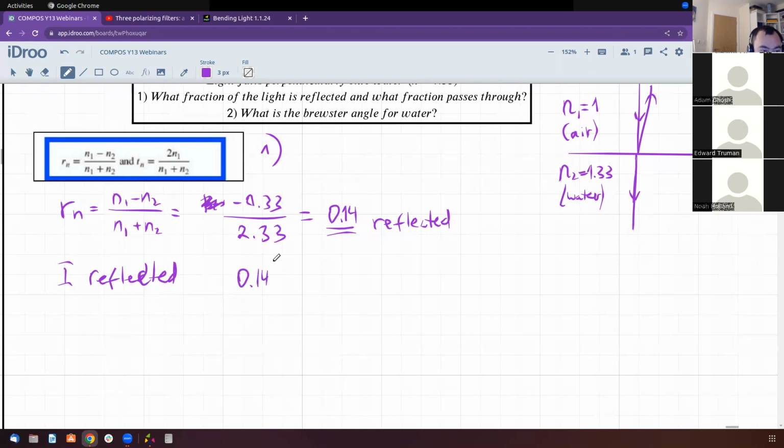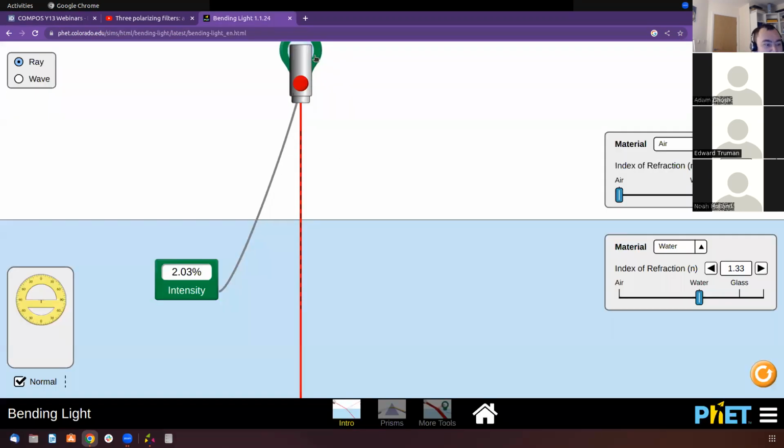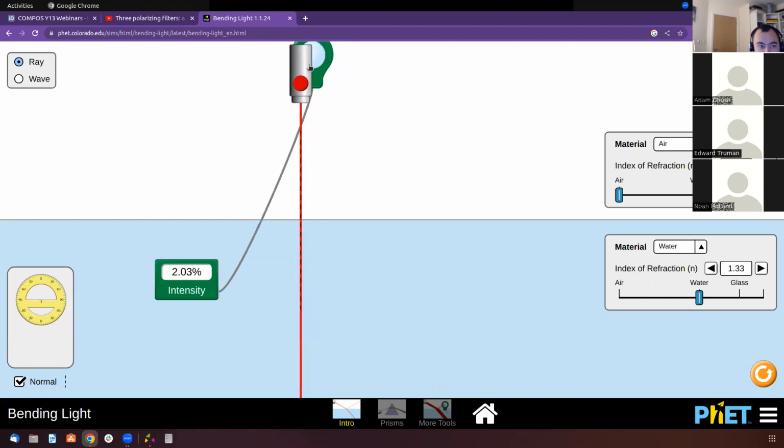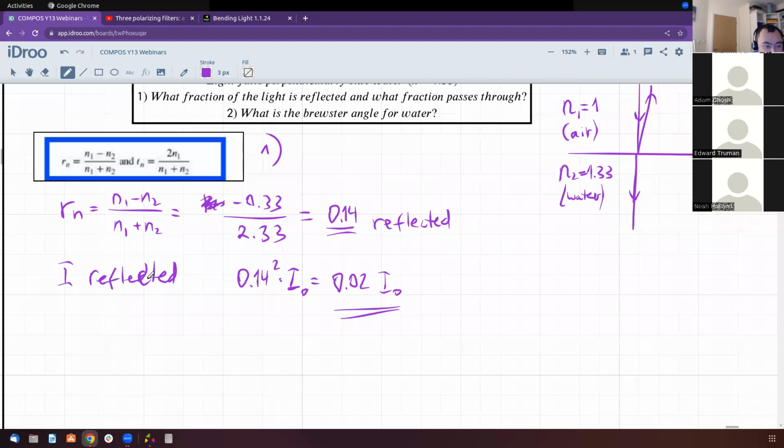So 0.14 squared multiplied by I, which is approximately 0.02 of the initial intensity. Okay, and here you can see it, 2.03%. This is the reflected. If you take this, you move it to 90 degrees, it's about 2.03 reflected, and the rest is coming through. And you can take just minus that, so 98%.